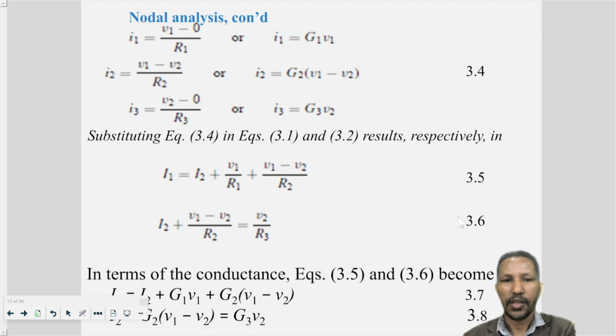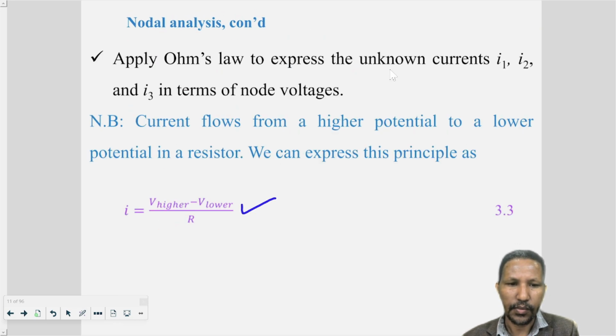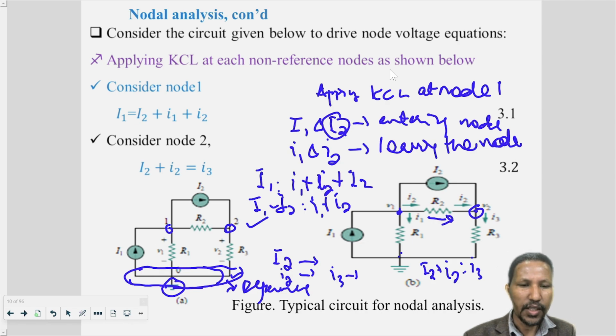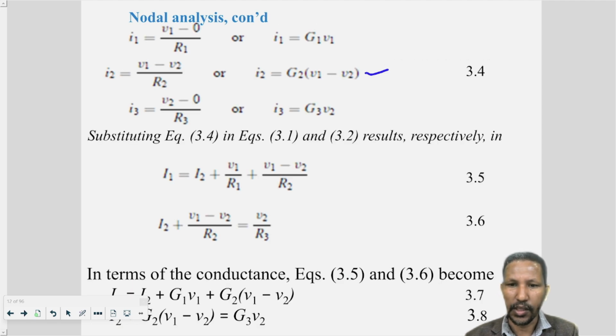You can see here in terms of conductance. Small I3 is flowing from node 2 to the zero potential, so I3 will be V2 minus 0 over R3. We are going to substitute these current expressions into the above equations.